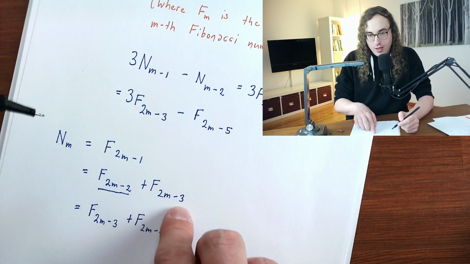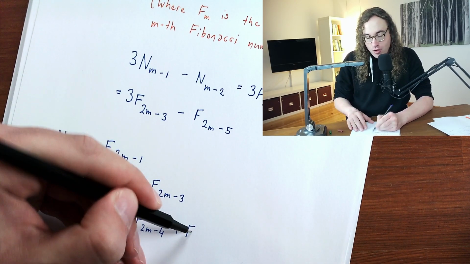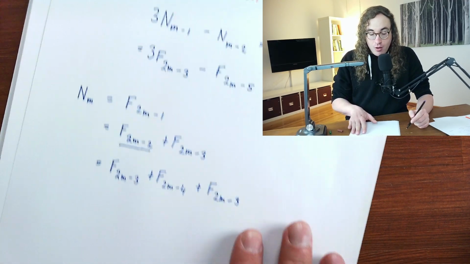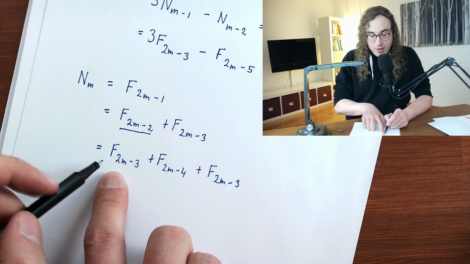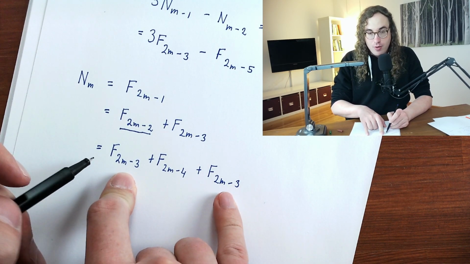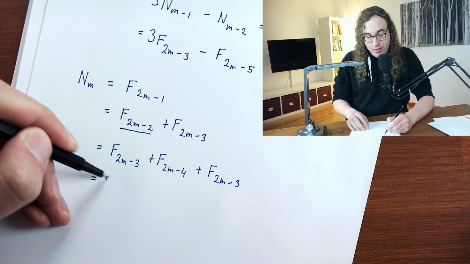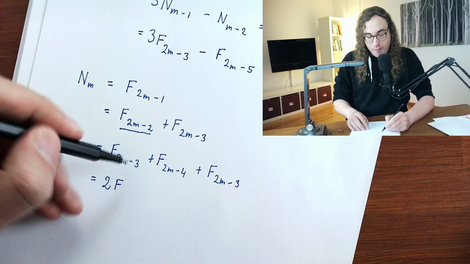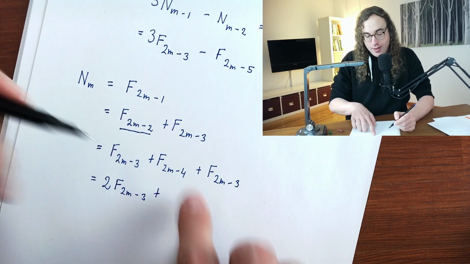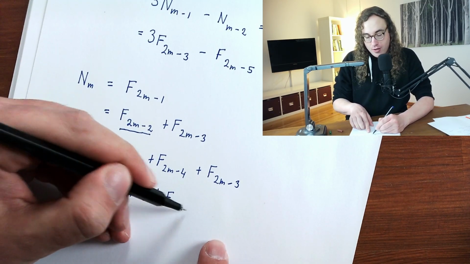And then, of course, I still have this summand here, so this is f2m minus 3. Okay, so now something interesting happens because I have the term f2m minus 3 twice. So I can simplify this. This is 2 times f2m minus 3 plus this term f2m minus 4.